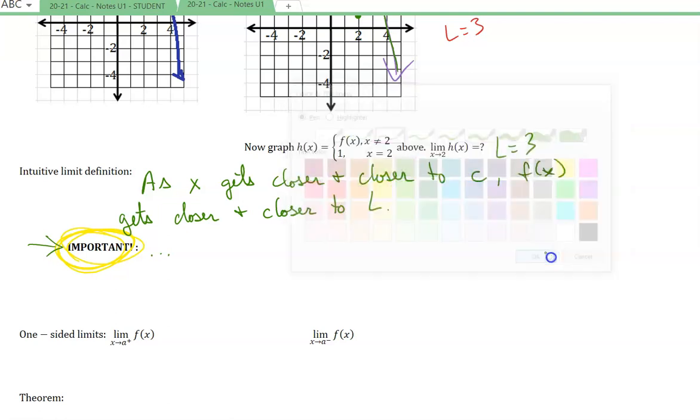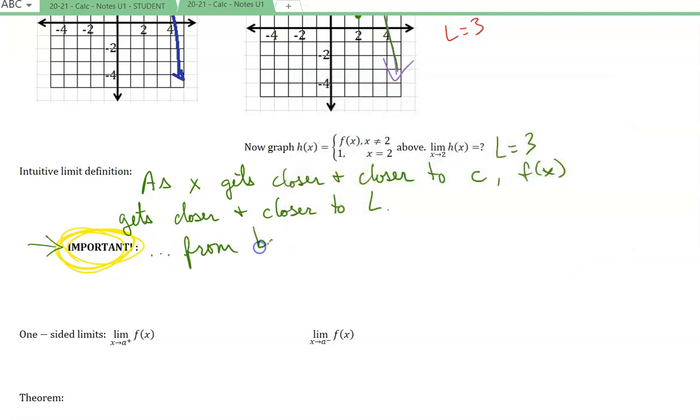Those are that we have to add from both sides, as in from the left and from the right, and I'll show you the one-sided stuff here in a second. So from both sides needs to be added to the end of our intuitive definition.